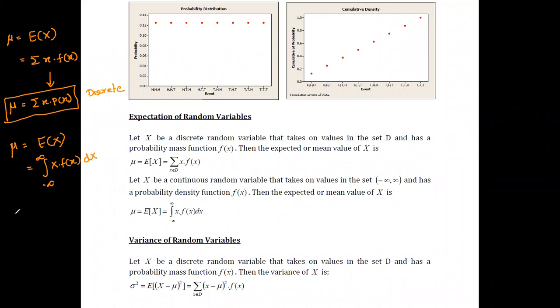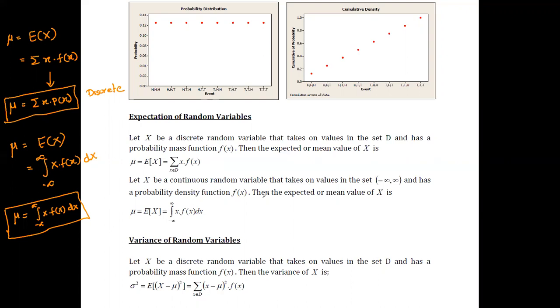Therefore, if we have a continuous random variable, the mean value is the integral of x times fx with respect to x over the interval from minus infinity to plus infinity. This is how we get the expected value for a random variable.